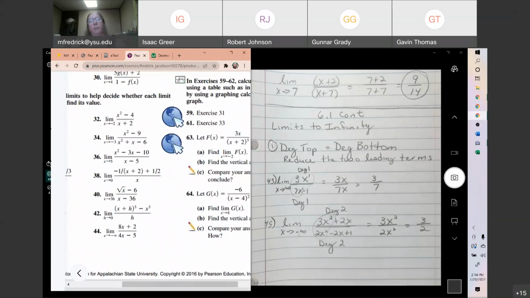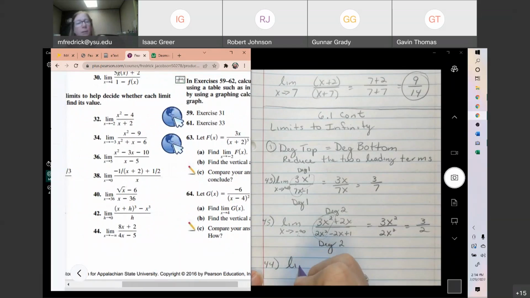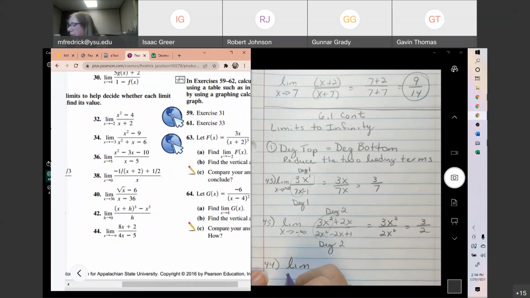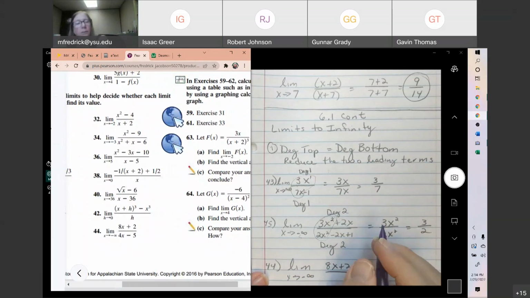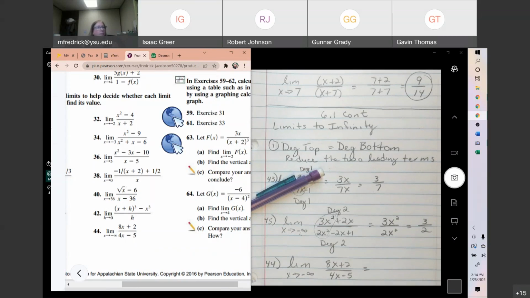Oh, okay, number 44. The limit as x approaches negative infinity, 8x plus 2 over 4x minus 5. What is the limit as x approaches negative infinity? 2.